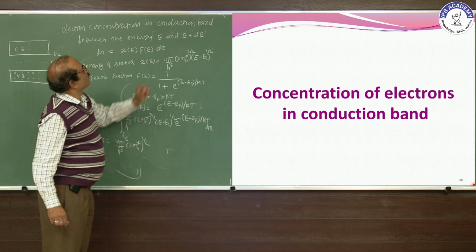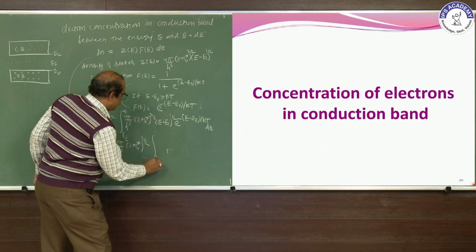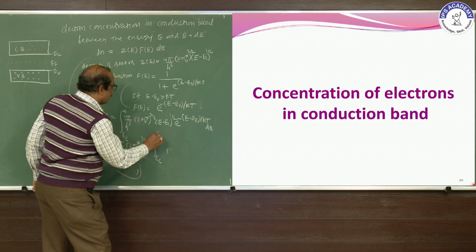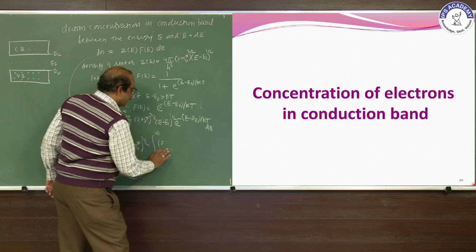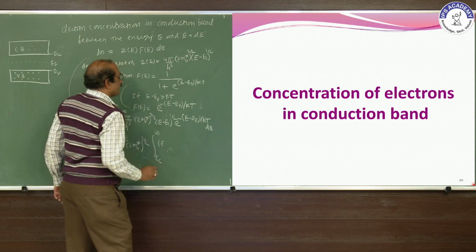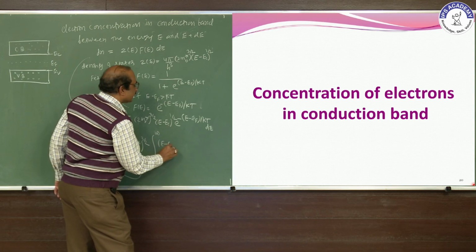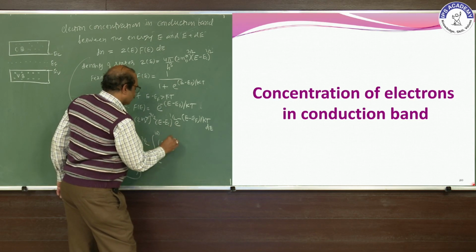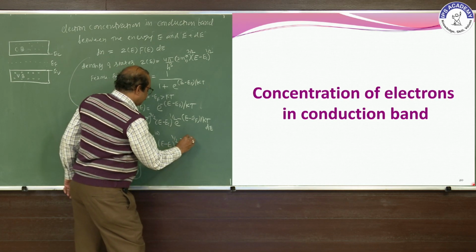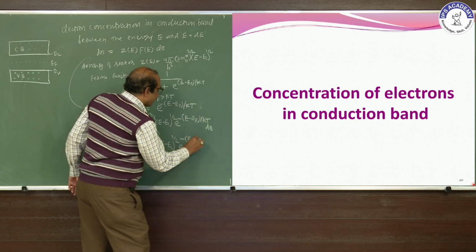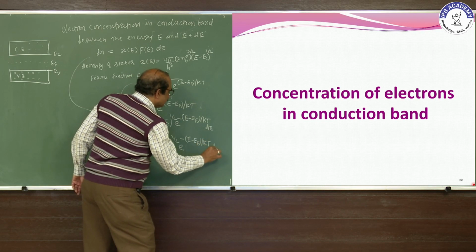So the integral limit is Ec to infinity, of (E minus Ec) to the power 1 by 2, e to the power minus (E minus Ef) by kT, dE.